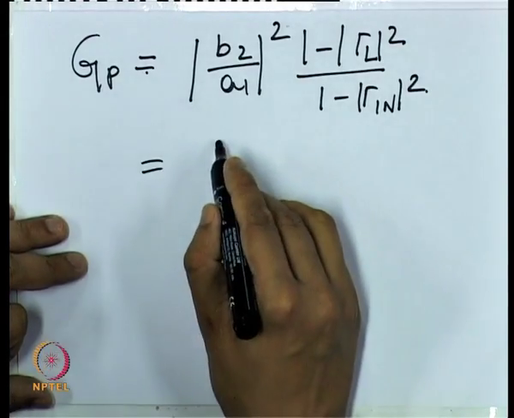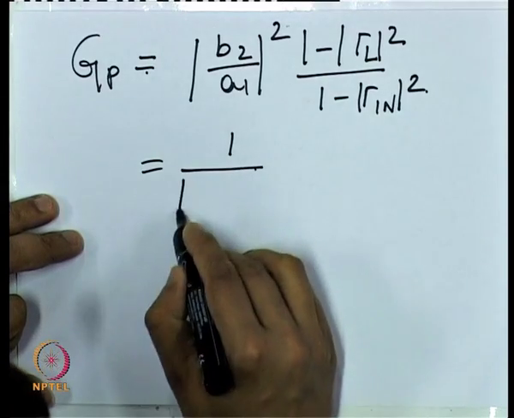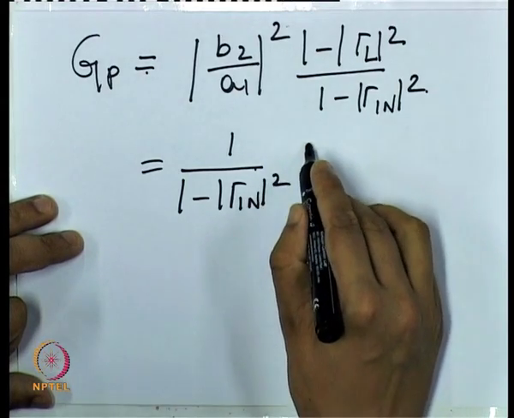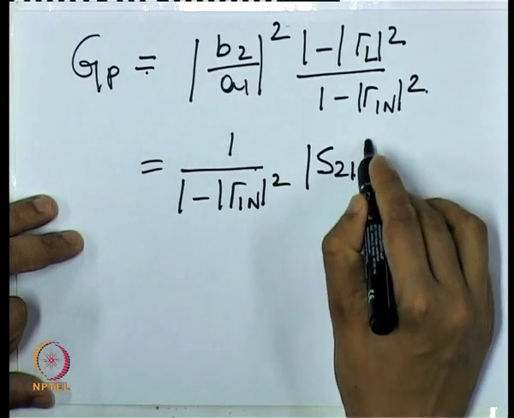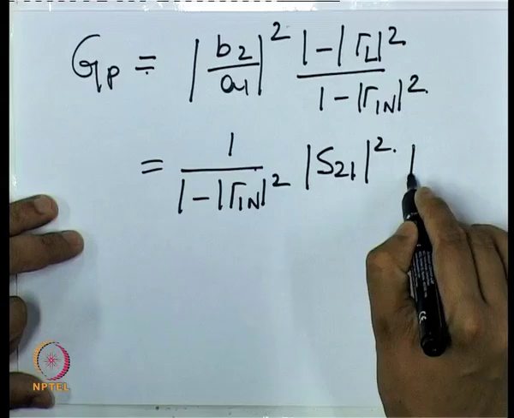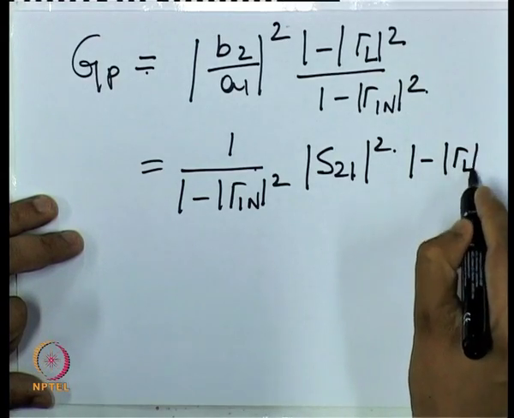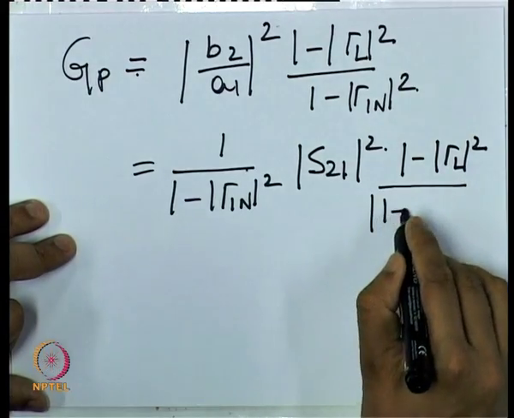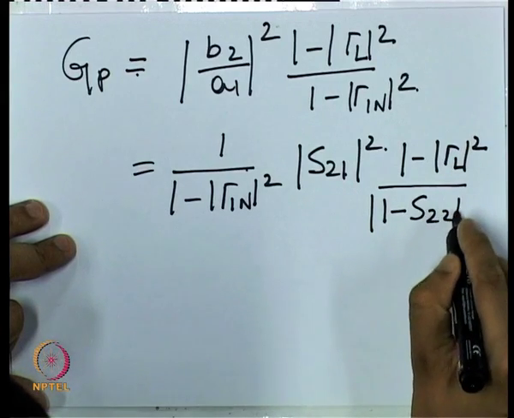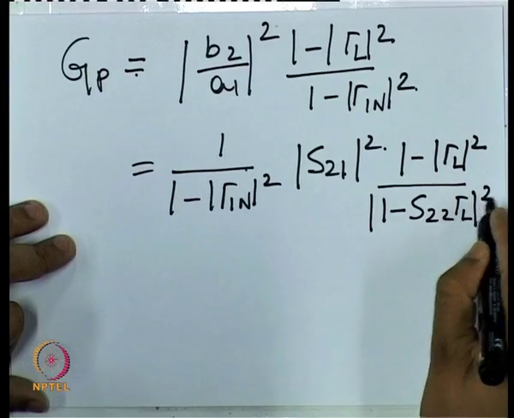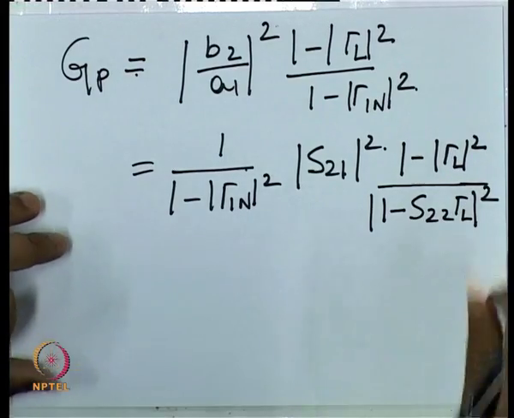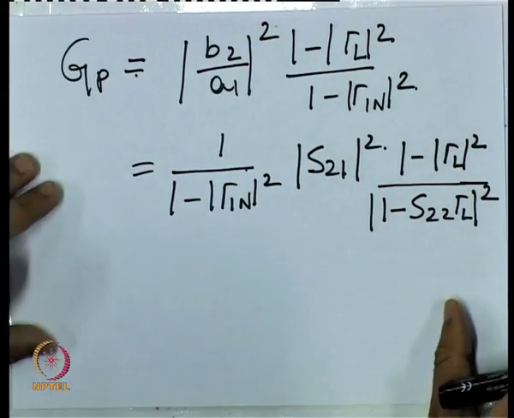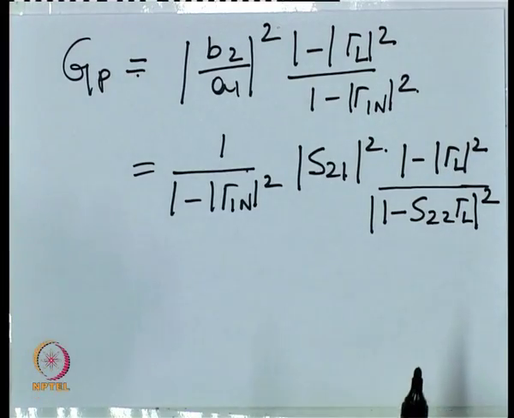So then this simply becomes equal to 1 minus gamma in square, S21 square, 1 minus gamma L magnitude square upon 1 minus S22 gamma L square. So this is the final value of the Gp.